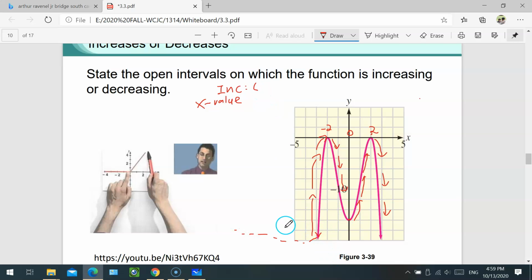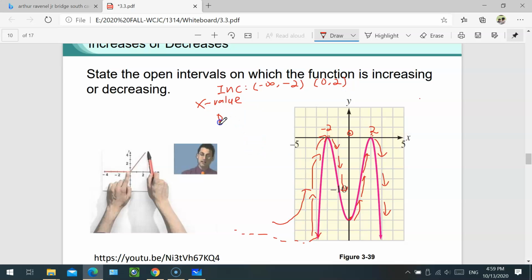So the increasing interval will start from negative infinity and come to this point, which is -2. Another increasing interval is from x equals 0 up to x equals 2. So we put (0, 2).